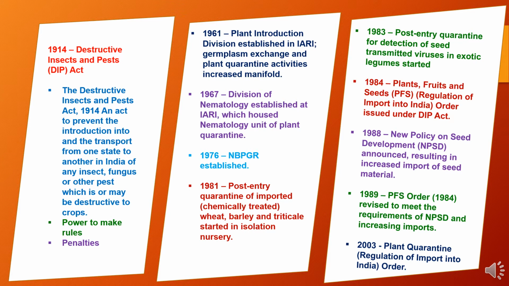In 1988, a new policy on seed development was announced, which resulted in increased import of seed material. In 1989, the Plants, Fruits and Seeds Order was revised to meet the requirement of the new policy on seed development and increasing imports. In 2003, the Plant Quarantine Regulation of Import into India Order was regulated.